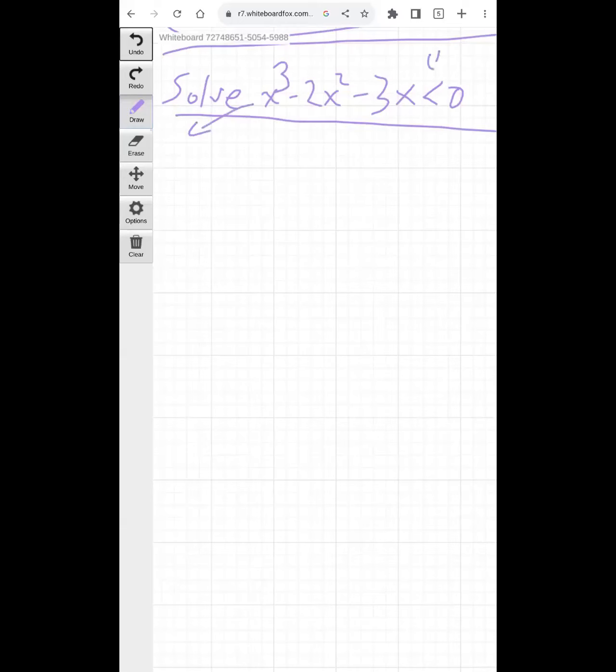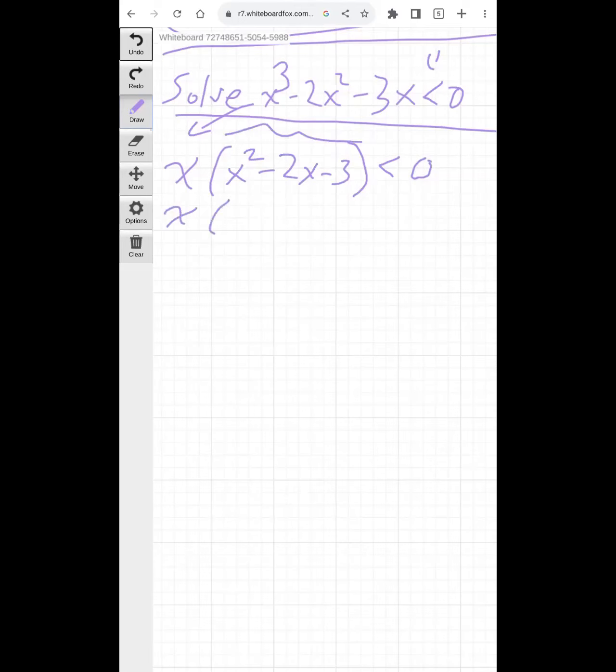You can factor an x out of the expression on the left, and you're left with x squared minus 2x minus 3 on the left side of the inequality, which is less than 0. Now we can factor this trinomial further to factor it completely.